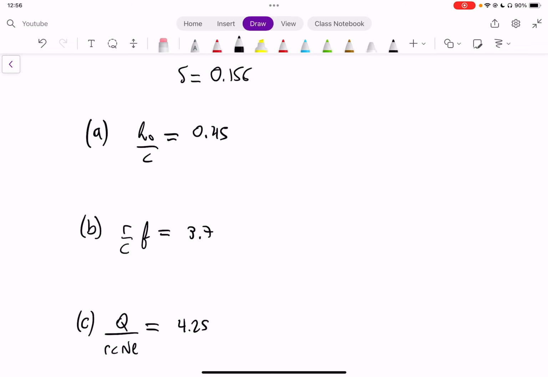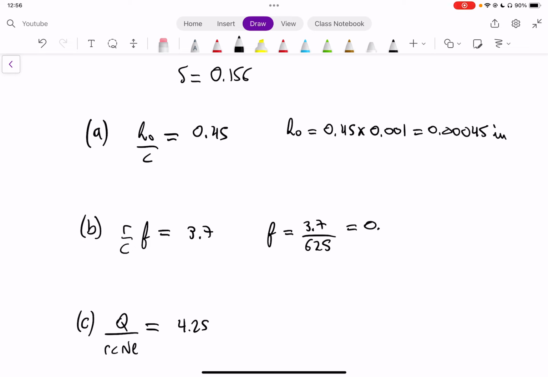And then if I rearrange this, I have H0 is going to be equal to 0.45 times 0.001, which is going to give me a value of 0.00045 inches. Then F is going to be equal to 3.7 divided by R over C, which is 625, which is going to give us a value of 0.000592.